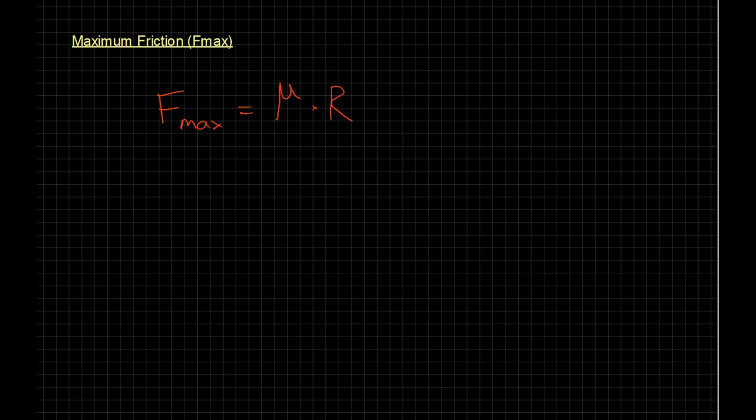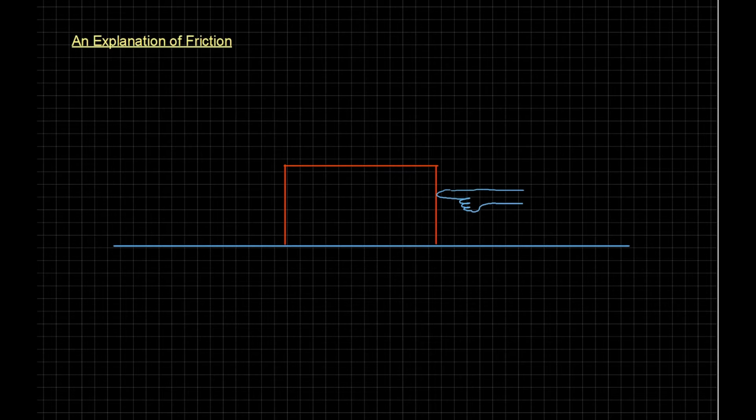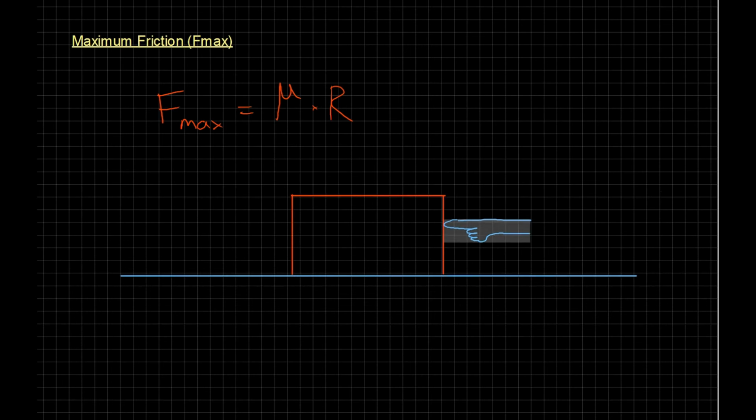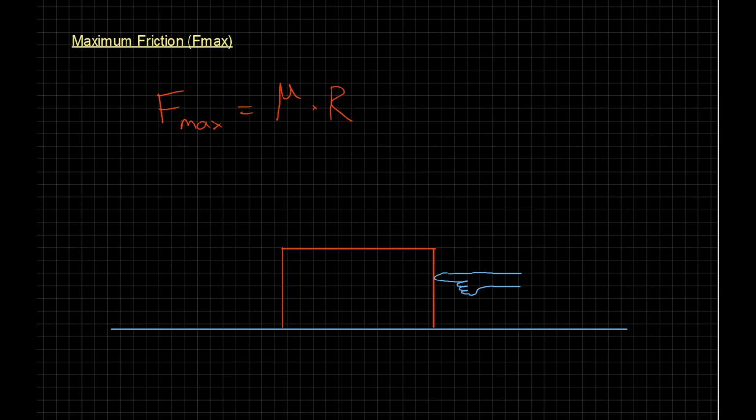So I'm just going to take a moment to think about this. Let's go back to the diagram here, and you've got your reaction force. Let's give some specific numbers just to make it less vague. Say it's a 5 kilogram box.